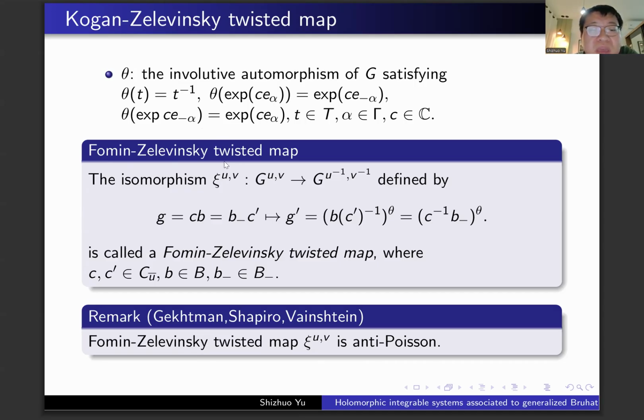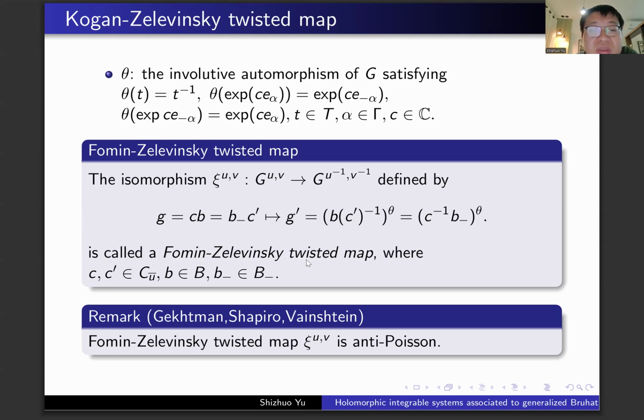It is a map from the double Bruhat cell GUV to another double Bruhat cell GU inverse V inverse, which is defined in this way, defined on the building blocks.